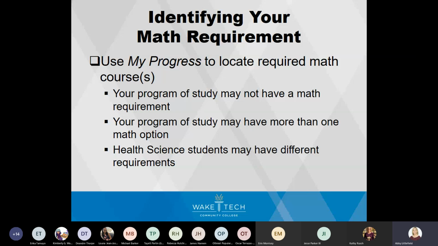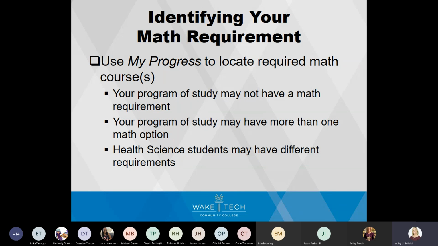Those are just two of many, many examples. When you're in your progress tab, you will notice all of your degree requirements listed. And normally they're listed into chunks. So like you might see your English requirement in one area, your humanities requirement in another area, your math requirement in one area, electives, like you have all sorts of different requirements listed there.